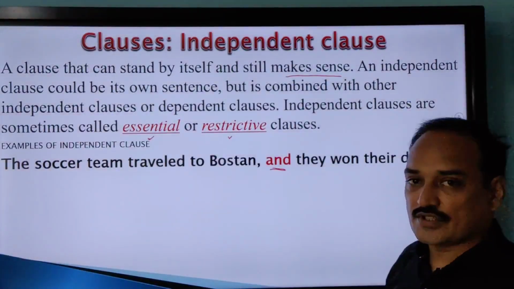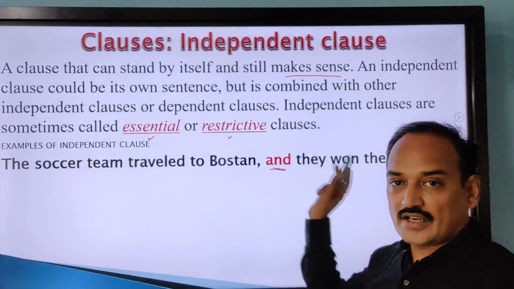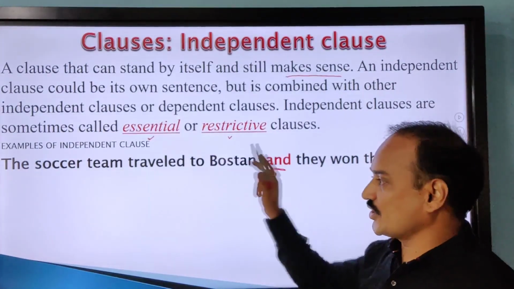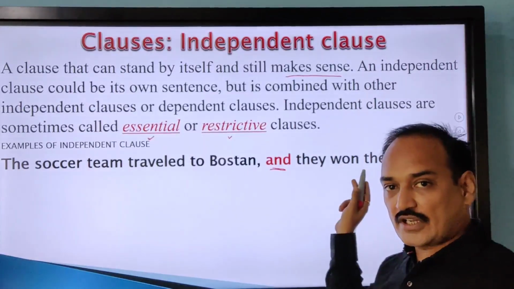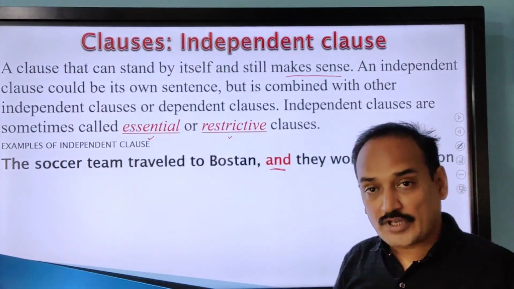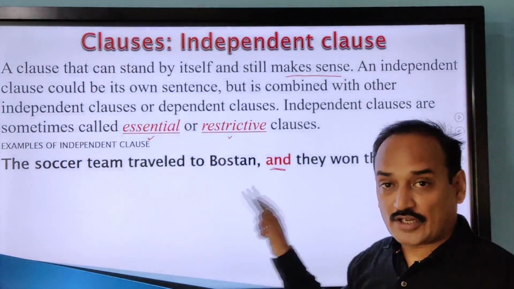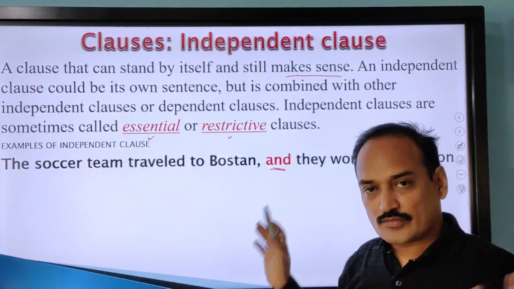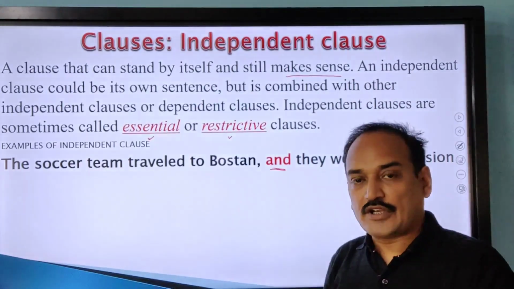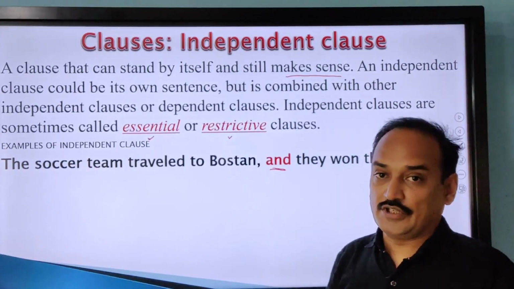They won their division, they are not interrelated. This clause is not depending on that clause. Some sentences are made up of both main clauses or independent clauses. They don't have any need of another clause to make the meaning clear.